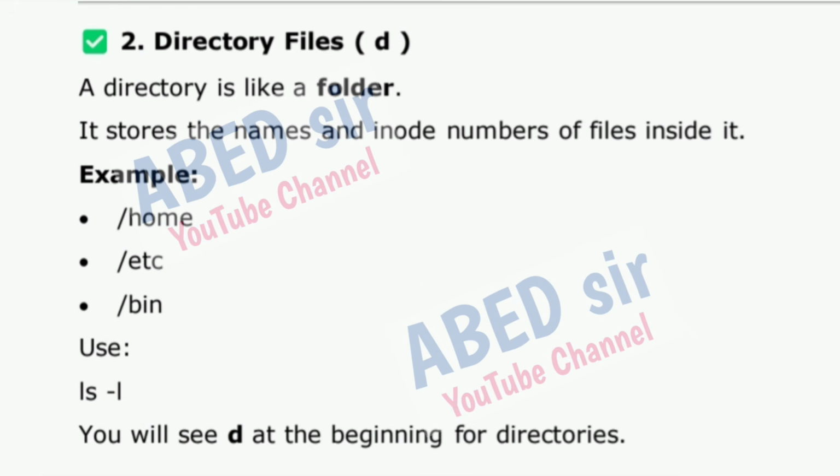Directory files, d. A directory is like a folder. It stores the names and inode numbers of files inside it. Example: home, etc, bin, usr. In ls -l, you will see d at the beginning for directories.